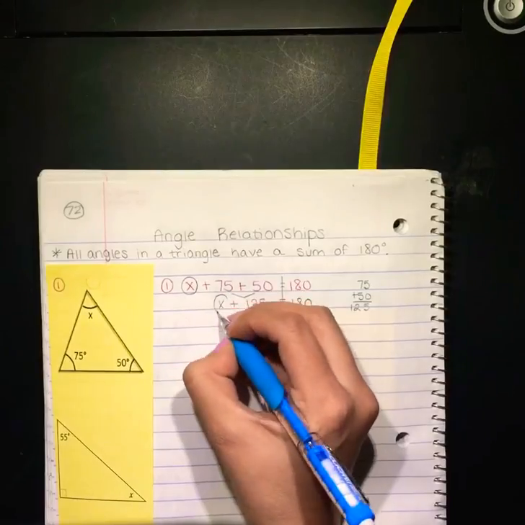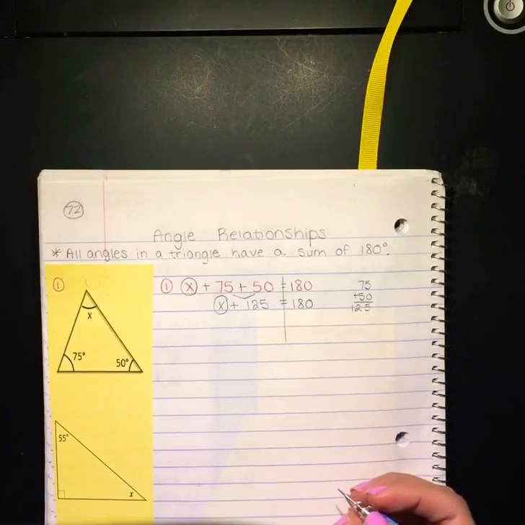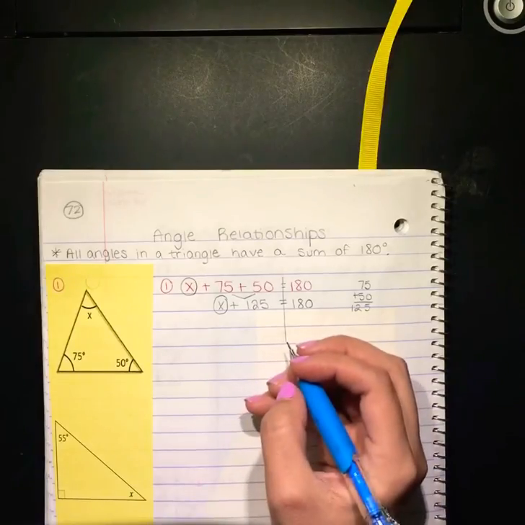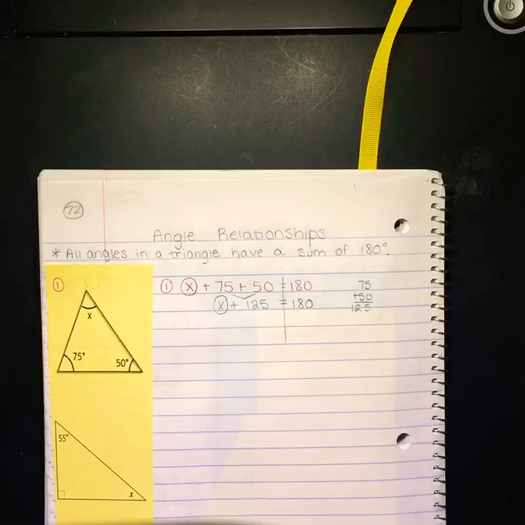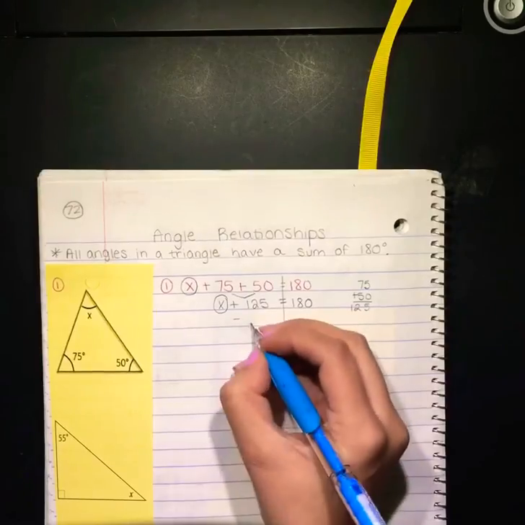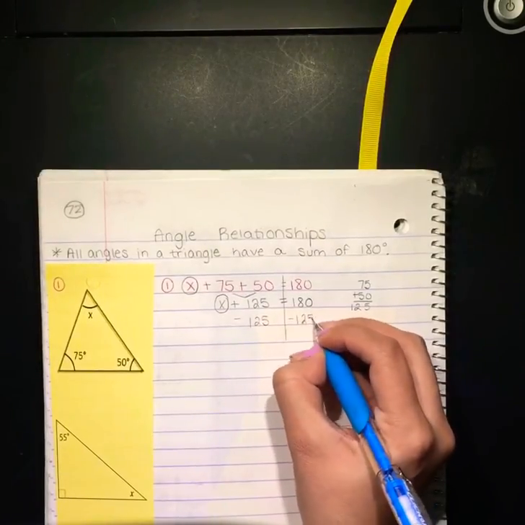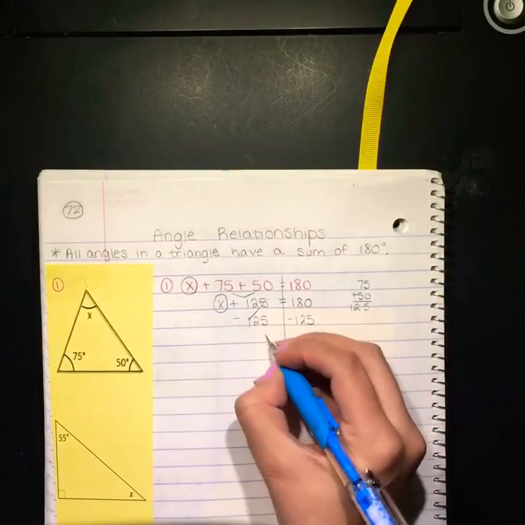Now I can circle again and draw the line. Alicia, what do we need to do to both sides? Subtract what? 125 from 180. Good. Subtract 125 from both sides. Okay, these cancel.